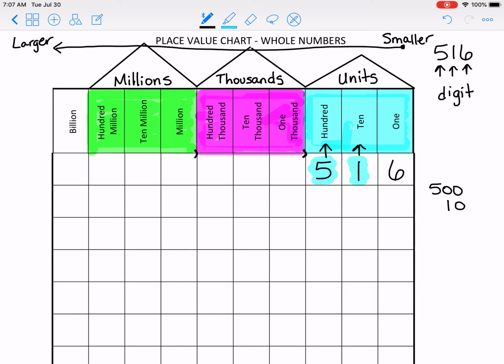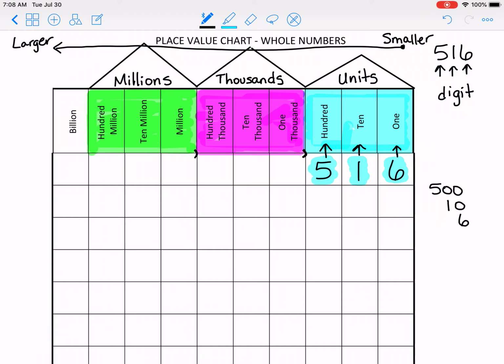And then finally, we'll look at the 6. And that 6 is in the ones place value. So that 6 represents 6 ones, or 6.